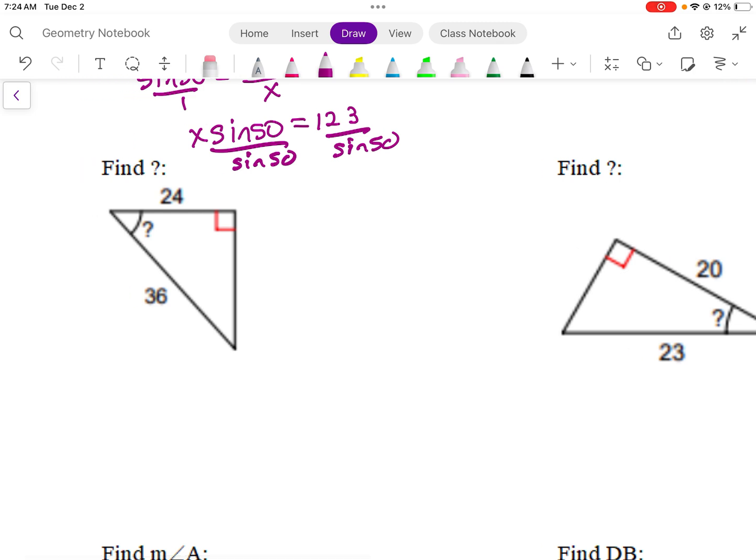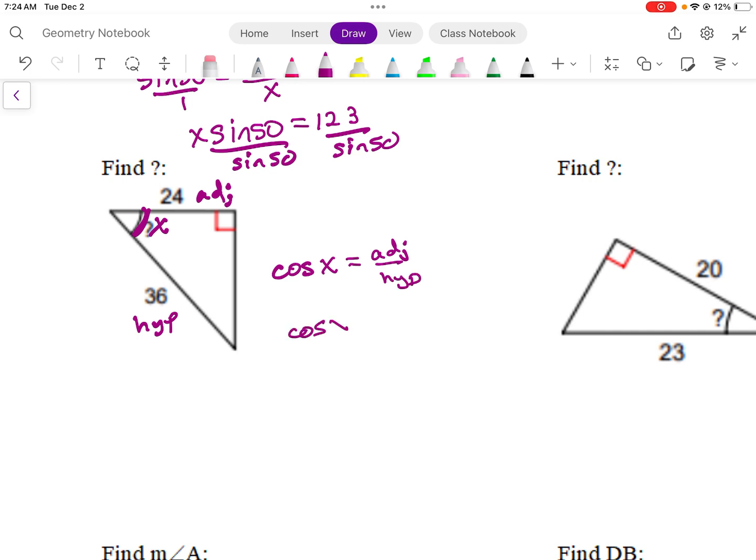Okay, now we're going to find the angle. We did this yesterday when we did sine. This is my hypotenuse. This is my adjacent. So this is my unknown. I'm going to put an x there. I know there's a question mark. And I'm going to say that the cosine of x is equal to adjacent over hypotenuse.